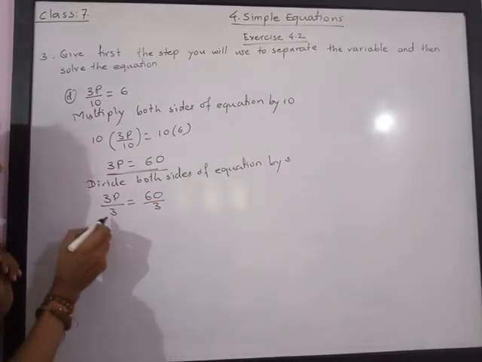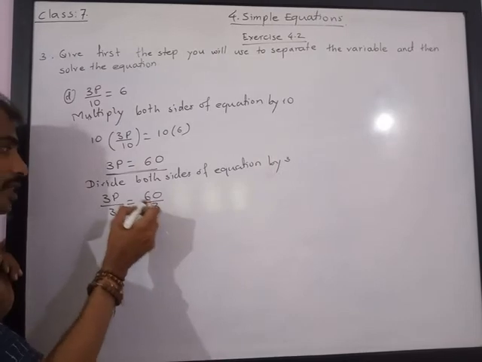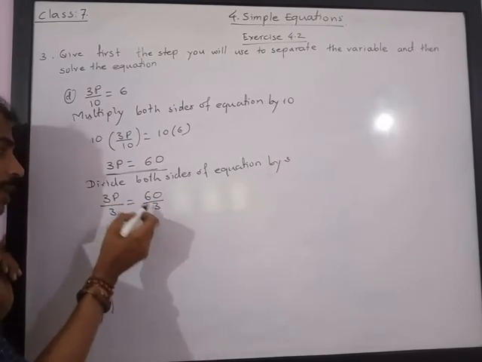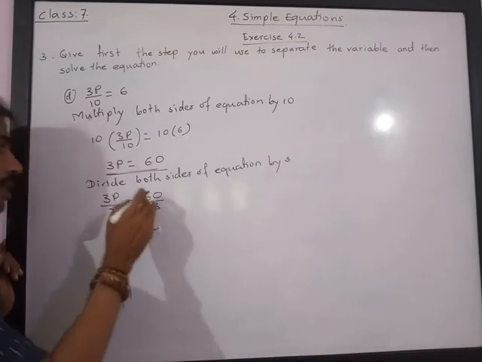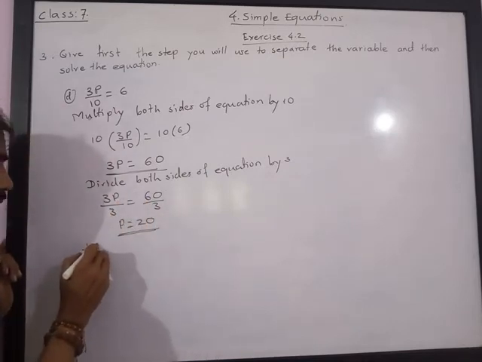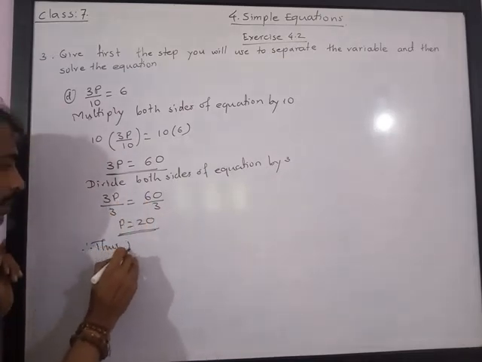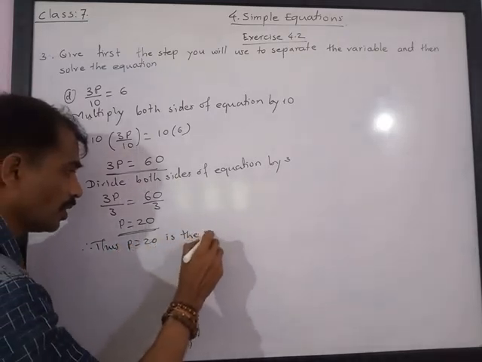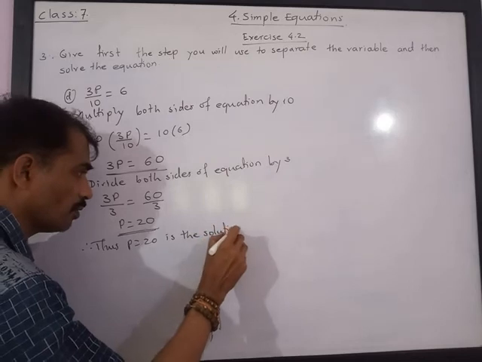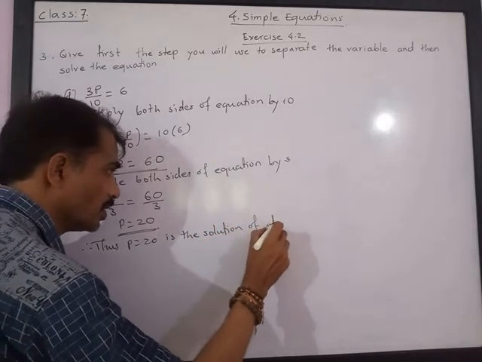You will get 3 ones are 3 and 60, 6 threes are 6 divided by 3 is 2. So p is equal to 20. Thus p is equal to 20 is the solution of the above equation.